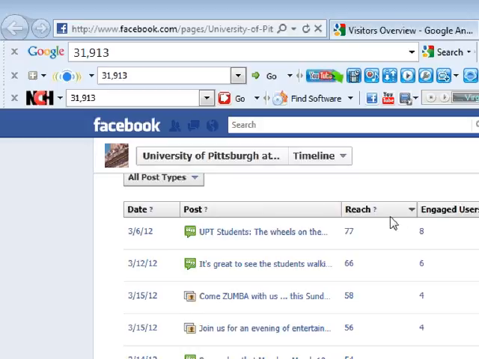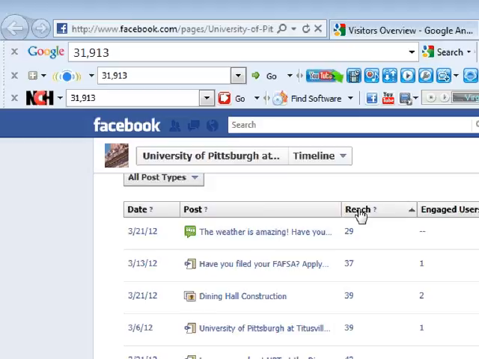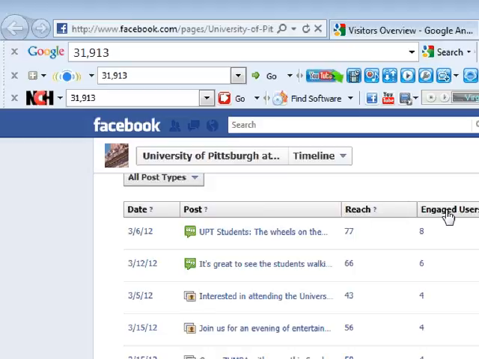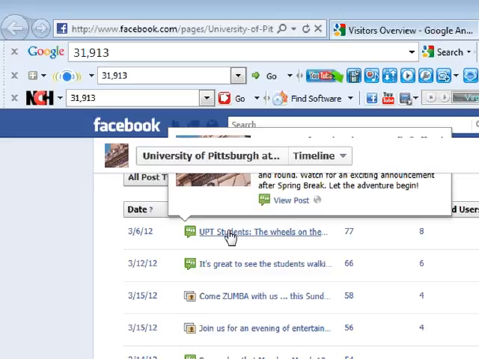So how do we know what post did the best? You could actively sort your report by the top menu bar here, by engaged users, the number of people talking about it, the virality rate. But for right now, we're going to sort it by reach, and it tells us on 3/6 we made a post about the wheels on the bus.